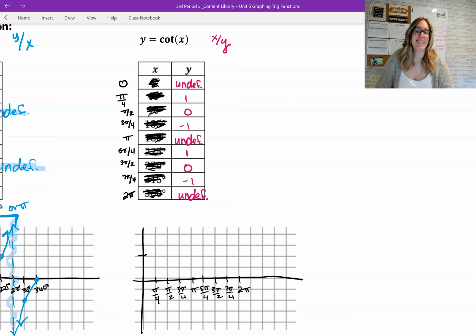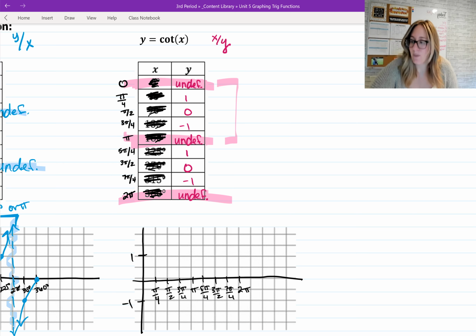You can see that we still have those asymptotes, but they are in different places with cotangent. We have them at 0, pi, and 2 pi. This also has a period of 180 degrees, or a period of pi. This is one period.